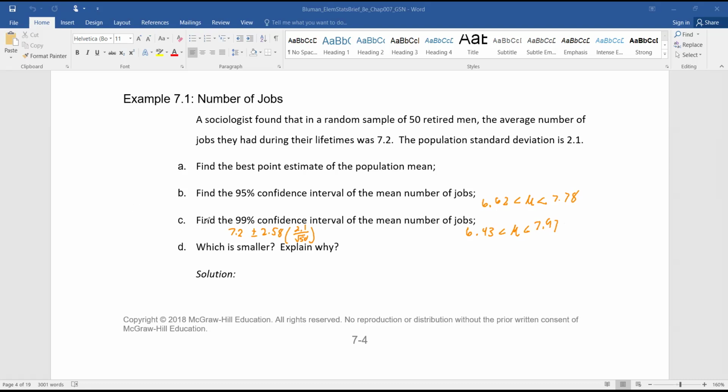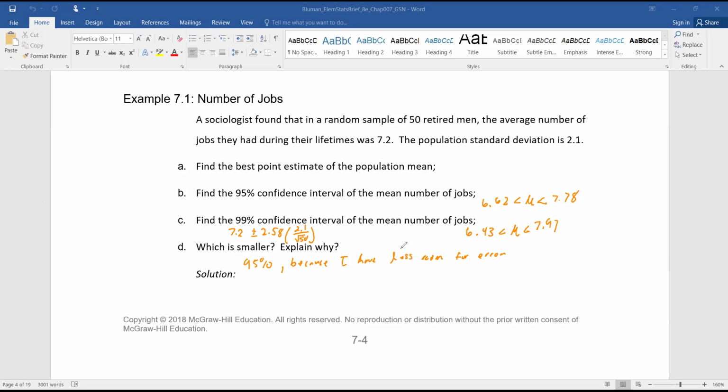All right. So part D, which is smaller? In this situation, the 95% confidence interval is smaller because I have less room for error.